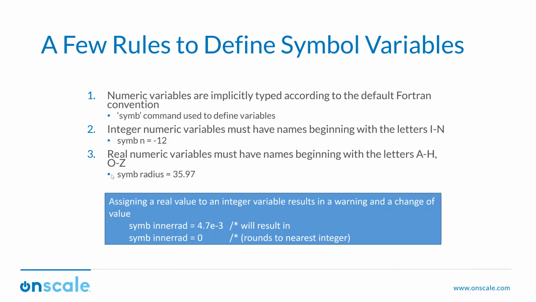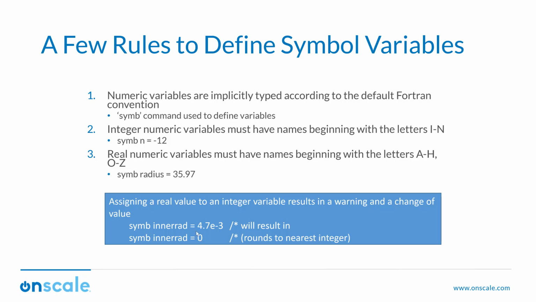For example, sim radius equal to 35.97. This will be a real because you have a point, and it has a name with a first letter included in A to H or O to Z. If you make a mistake and use a name starting with I, N, or something like that, then your variable will become 0.